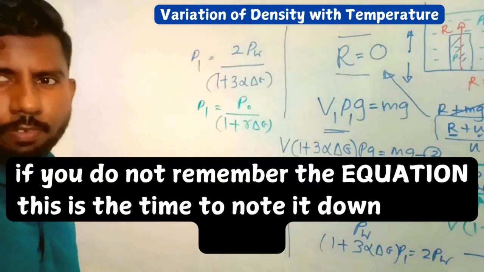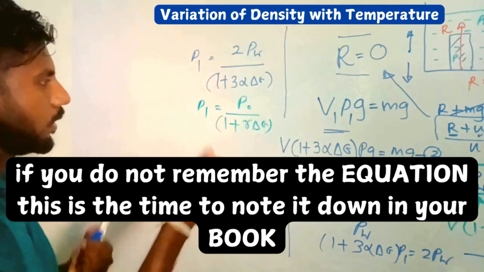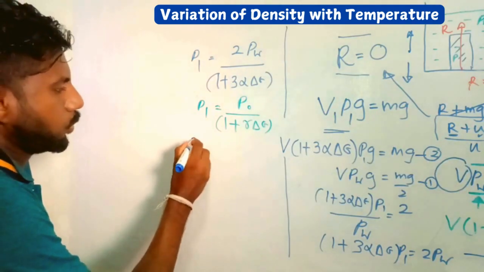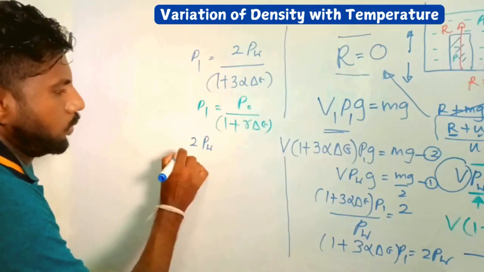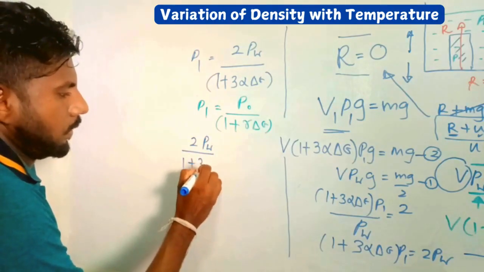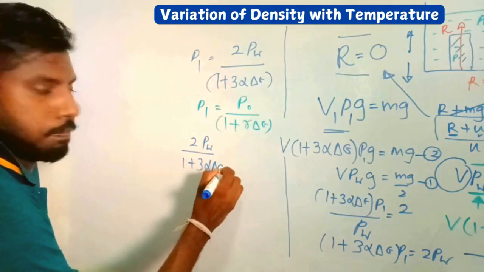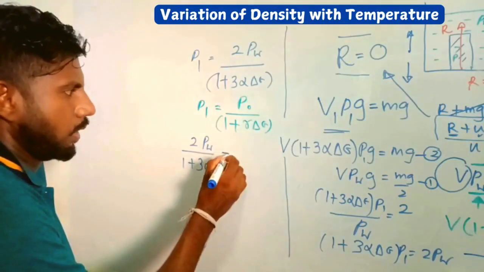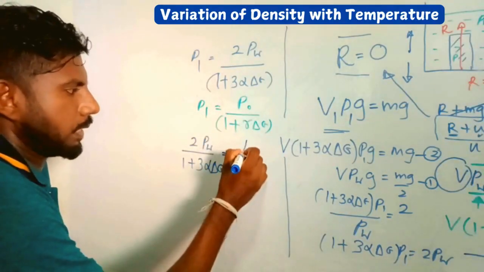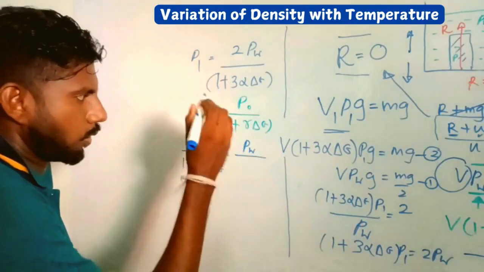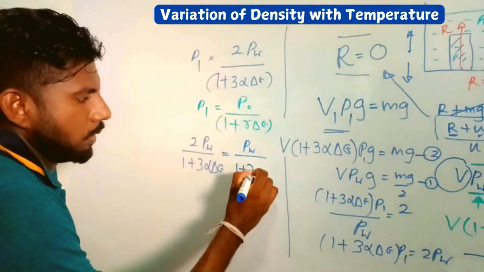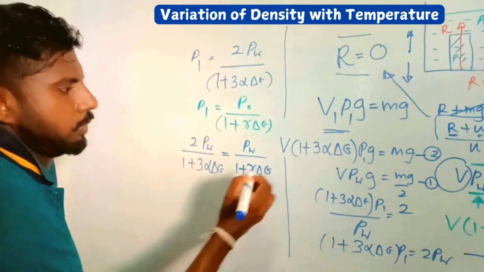So let's equalize these two. Here I can write 2 rho W over 1 plus 3 alpha delta theta equals rho naught, basically the initial density rho W, over 1 plus gamma delta theta.